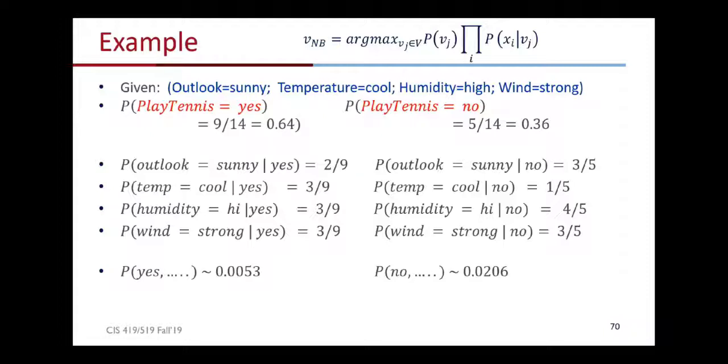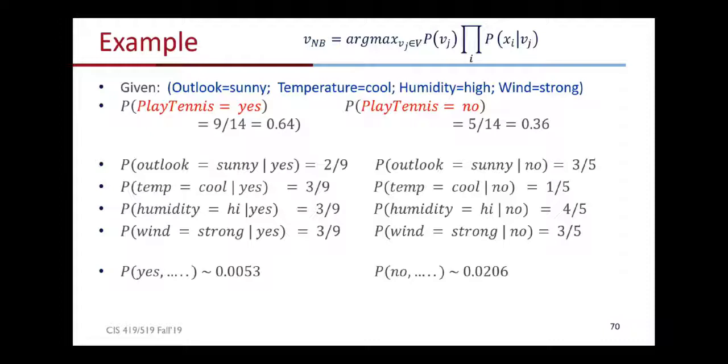I'm using this sign here, proportional to, for the product. Why do I write proportional and not equal? Because there's a term of P of data, and I don't care about the denominator. I'm writing this as an argmax, so I omitted the denominator. It's really not the probability, it's just proportional to probability.